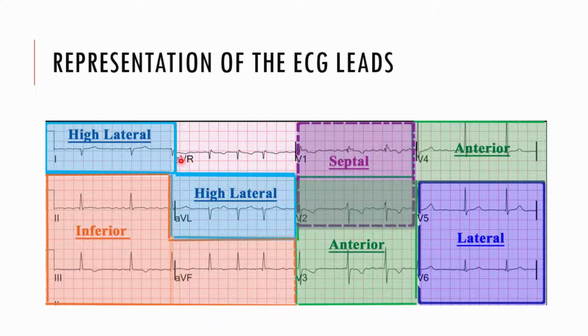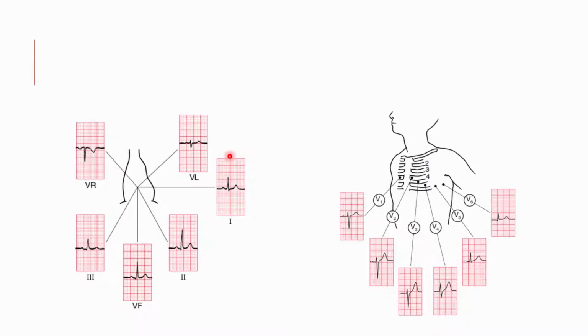And remember, here we can see that the waveforms that we see in the AVR are inverted, like I told you before. As you can see, we have this P wave here that appears inverted, and this is normal for an ECG reading. Okay, so here are the different depictions of the different ECG waveforms on the different leads.